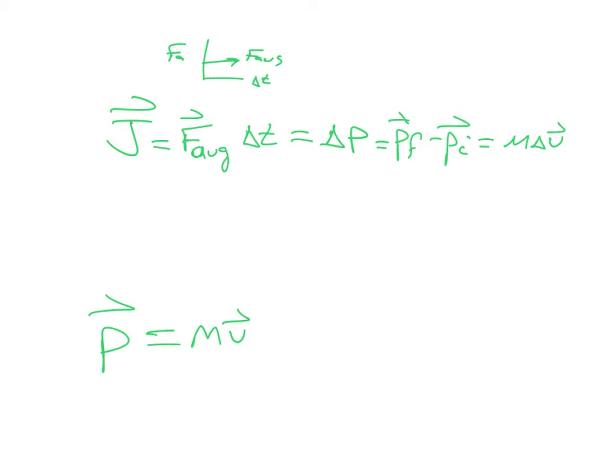When I have an impulse delivered to an object, it changes the object's momentum. Momentum is a vector quantity. It has mass and velocity, so direction does matter. And that's really about it. But we could also say that this impulse is the area under the curve of the force versus time graph.